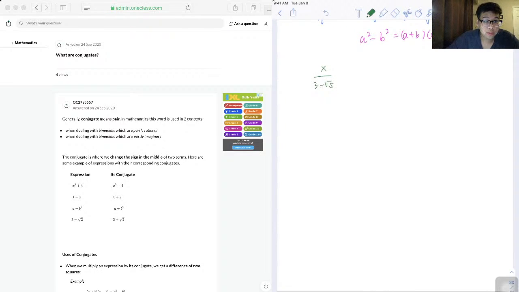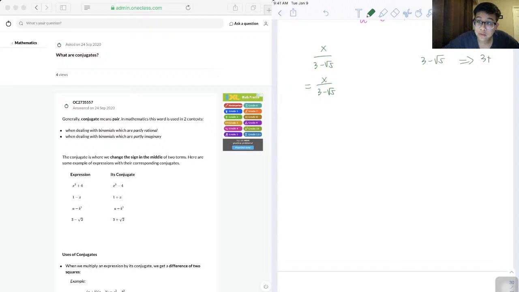So we need to remove the square root at the bottom, as a denominator, and we need to multiply both numerator and denominator by its conjugate, since we need to maintain the same value of the fraction. Right.